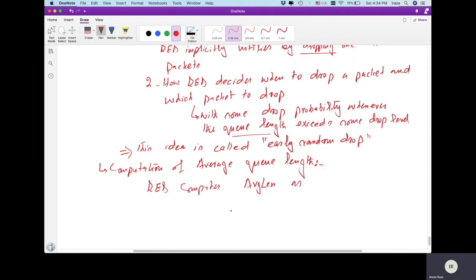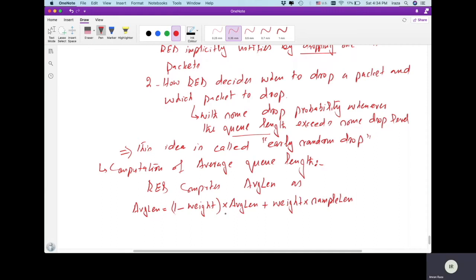Average length is equal to (1 minus weight) into previous value of average length, plus weight into sample length.